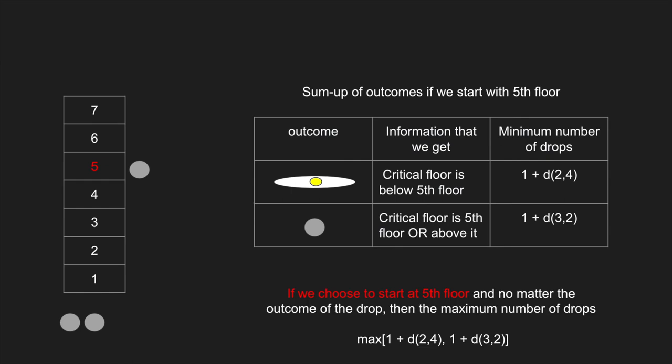So the worst number of egg drops in this timeline is the maximum of the egg drops that we would need to do if the egg shatters and if it doesn't shatter. So it's going to be given by this formula. We can actually take out the 1 in front of the inner bracket and bring it outside without changing the result.